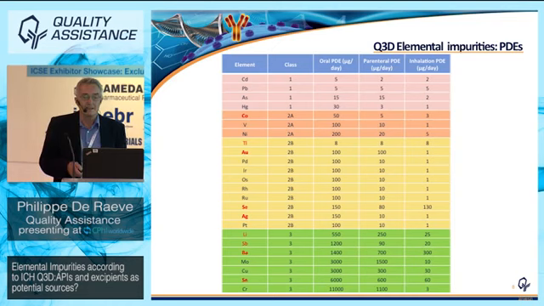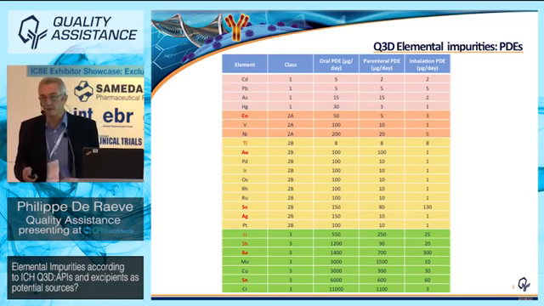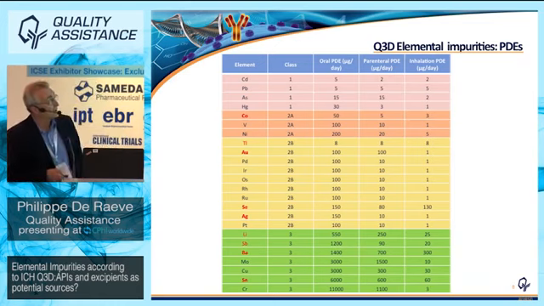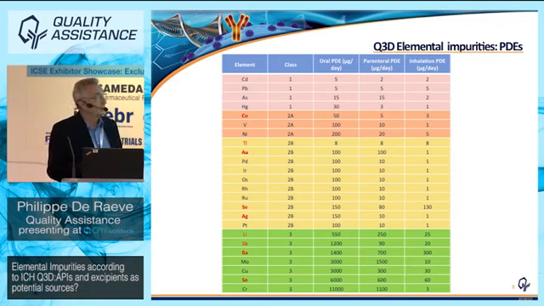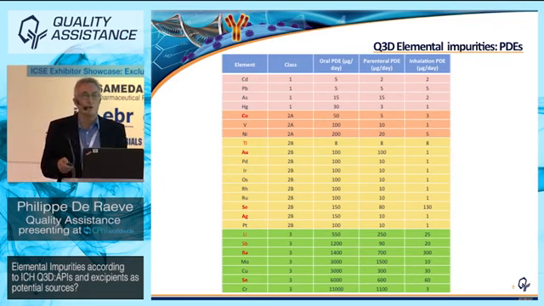Here is the Q3D, 24 elemental impurities divided in 4 categories with PDEs depending upon the route of administration, oral, parenteral, or inhalation. For other routes of administration, you can get information in the training module. They will show you how to proceed.